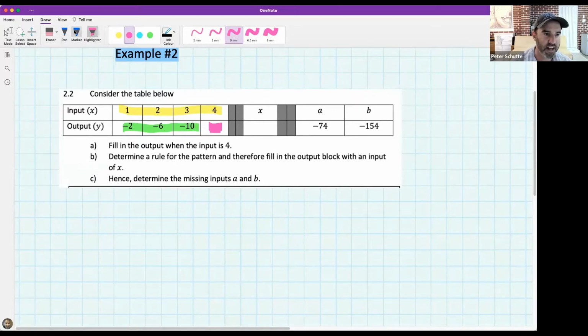And then after I've done that, I want to work out what is the y, like formula like that, that goes with the x? And once we've done that completely, the last thing we're going to do is have a look and try and get this a and b up here.